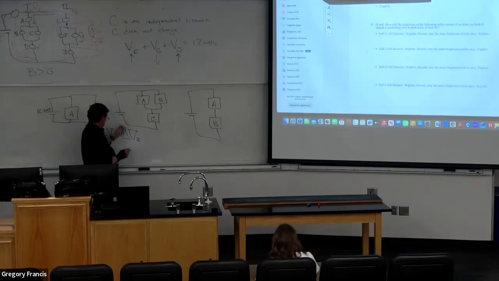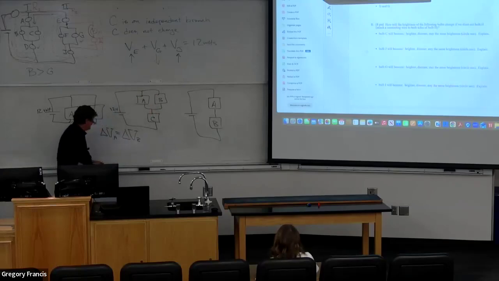Over here, if this is a 12-volt battery, the voltage across A would be something less than 12 volts and B something less than 12 volts, but it'd be the same, okay?